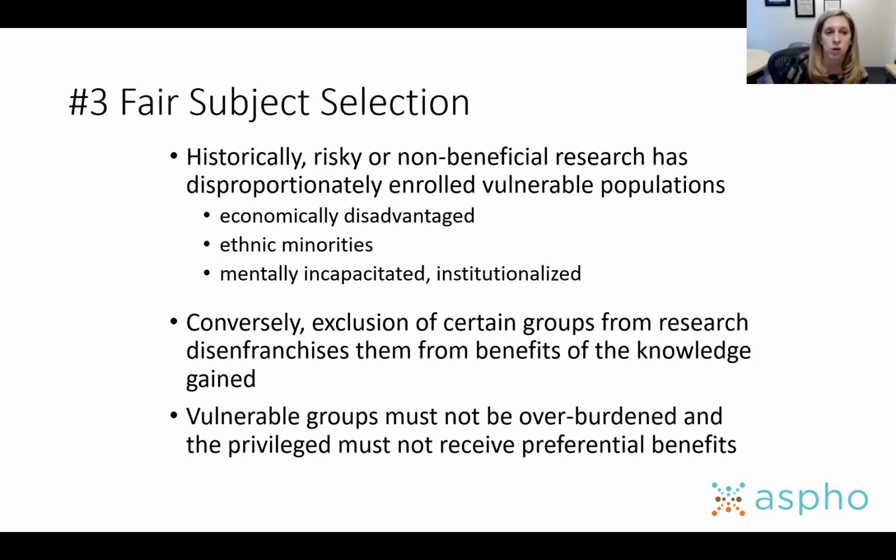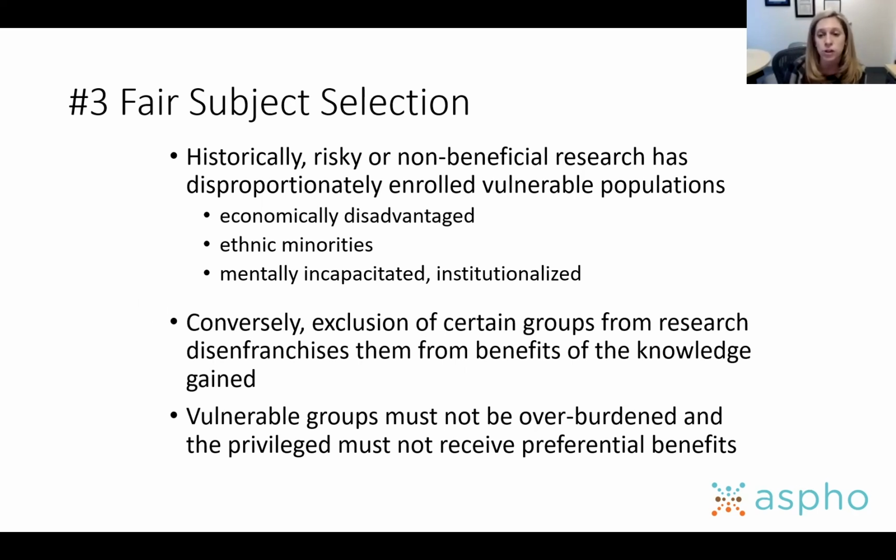Moving on to the question of who will take part in the research, there needs to be fair subject selection. Historically, risky or non-beneficial research has disproportionately enrolled vulnerable populations, such as individuals who are economically disadvantaged, ethnic minorities, people who have mental disabilities, or perhaps live in an institution of some sort, rather than living in the home environment with family members who could perhaps protect them.